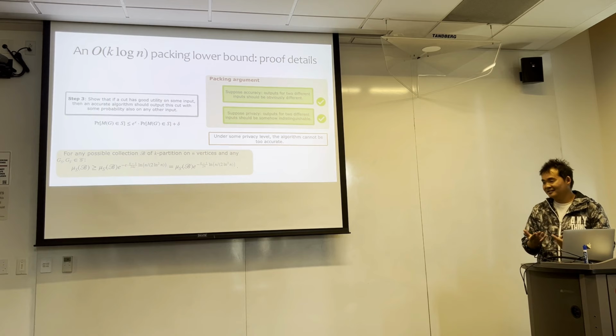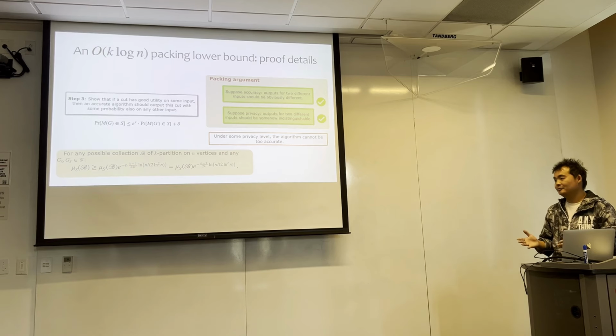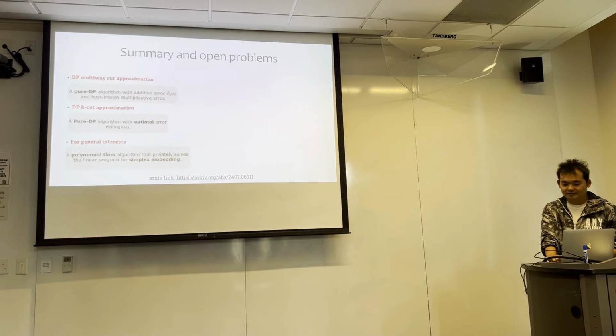On the other hand, different inputs do not have much difference in terms of the changing edges. So if the algorithm is private, then the outputs shouldn't be too distinguishable, and this gives you a lower bound.